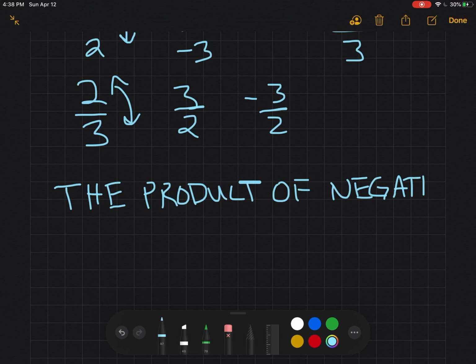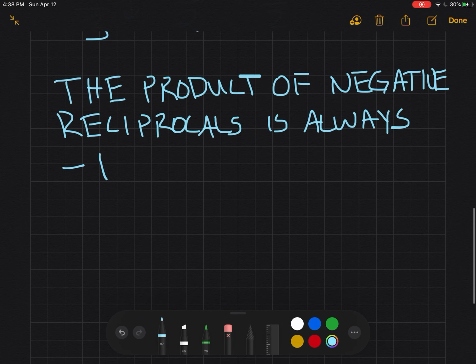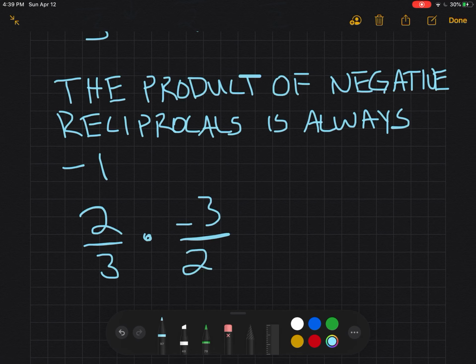Another way to check negative reciprocals is that the product of negative reciprocals is always -1.